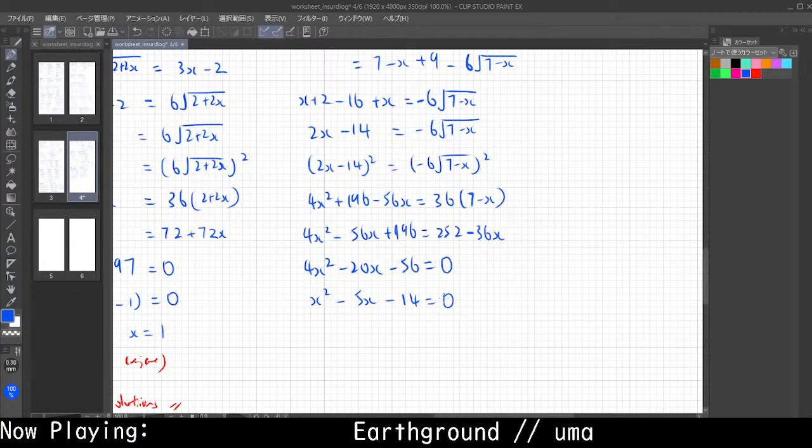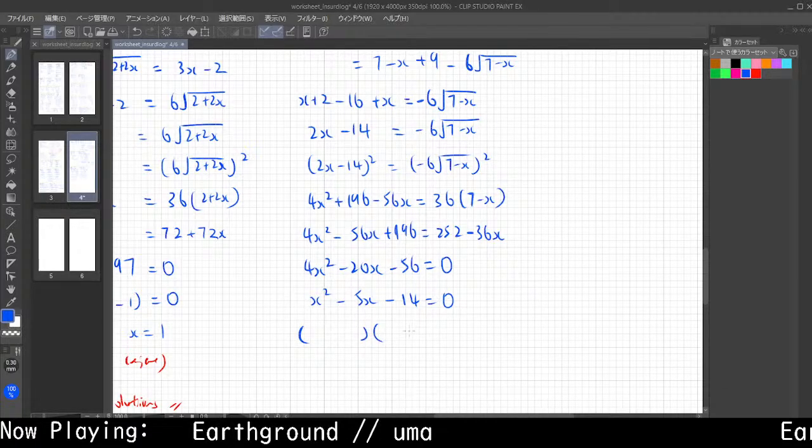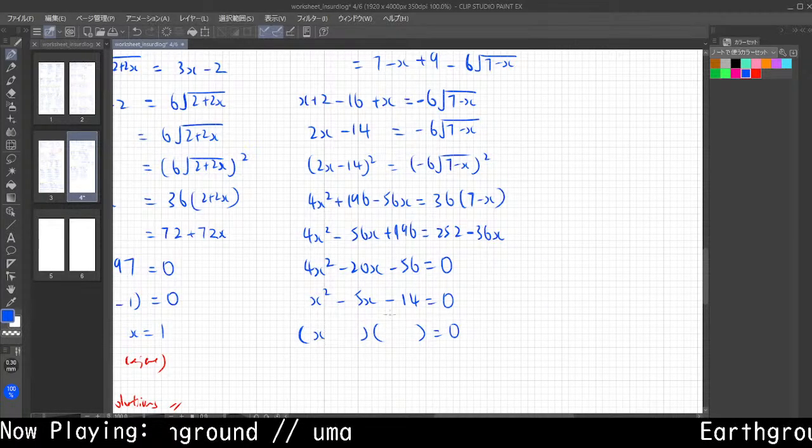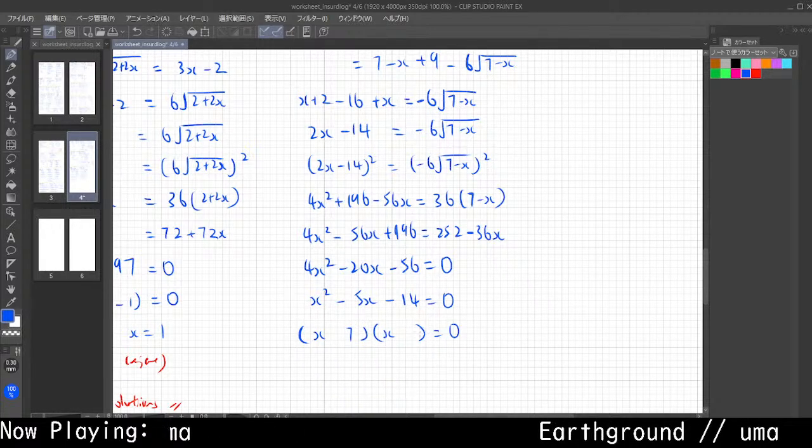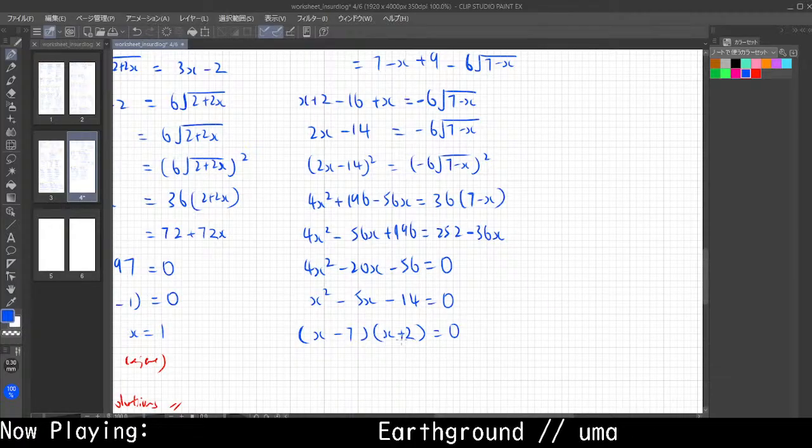Okay, this one is factorizable. 2 brackets, x and x. For 5, you get 2 and 7. 7 minus 2, minus 7 plus 2. Minus 7x plus 2x, minus 7 plus 2, plus minus 5.